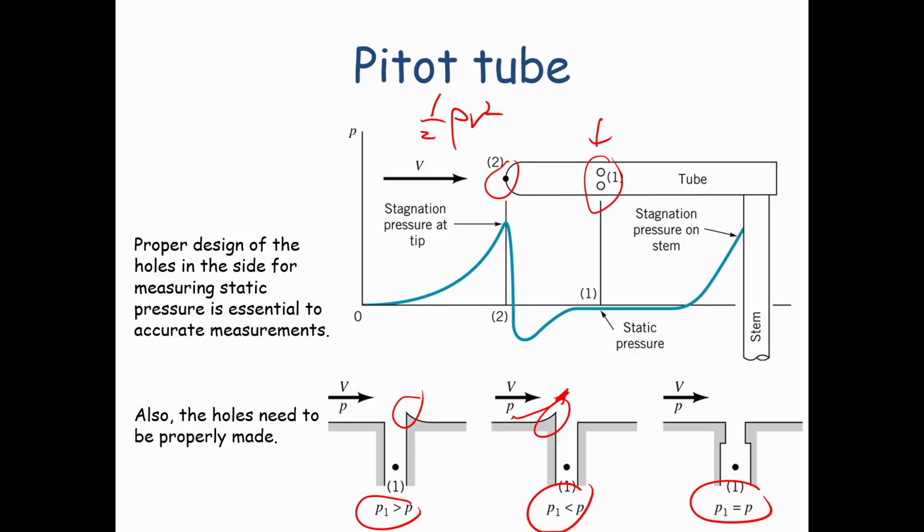If you inaccurately measure that static pressure, your measurement of the stagnation pressure will be off. And if your stagnation pressure is off, then the velocity you calculate will be incorrect. This can lead to big problems, for instance, when it comes to flying an airplane.